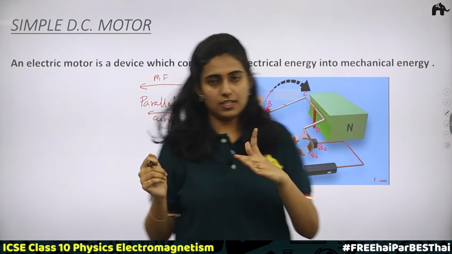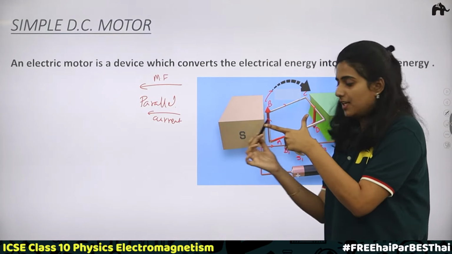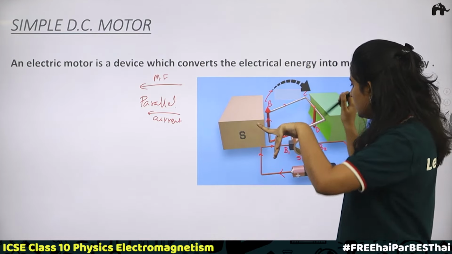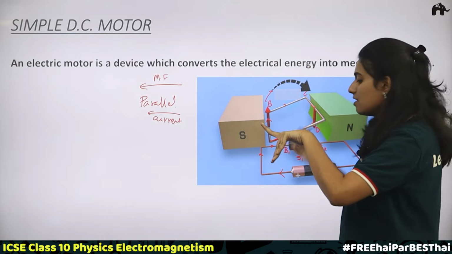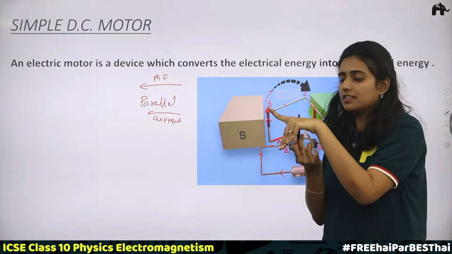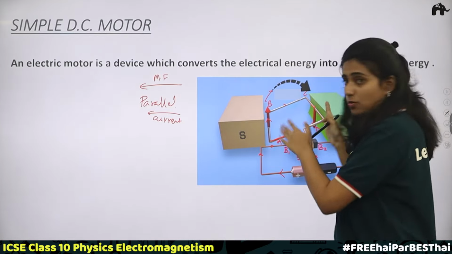When you hold your fingers, the direction of magnetic field, and then you hold the central finger in the downward direction for the current, you can see that the thumb will be pointing inward. So, inward direction means towards down according to this figure.